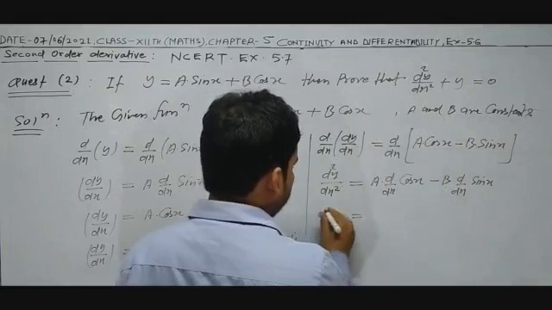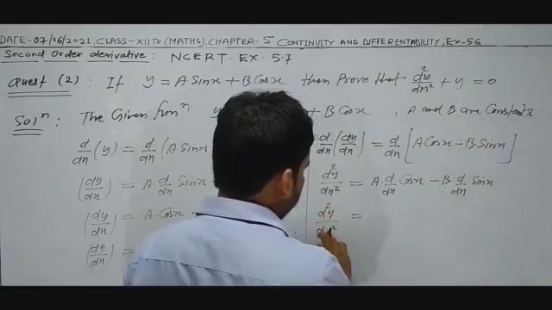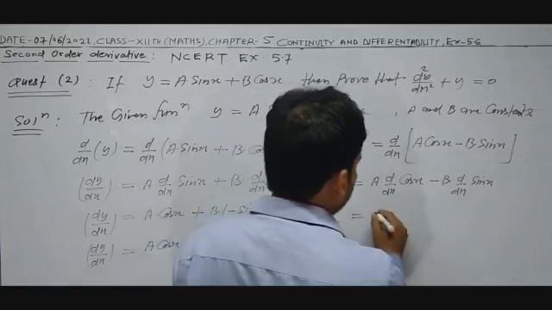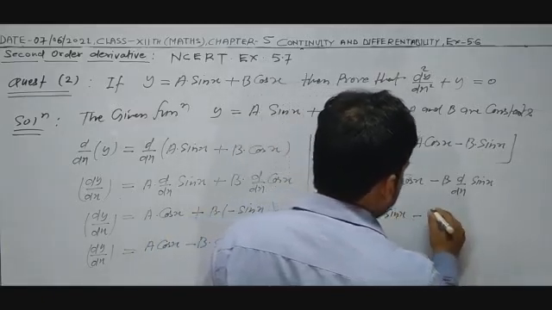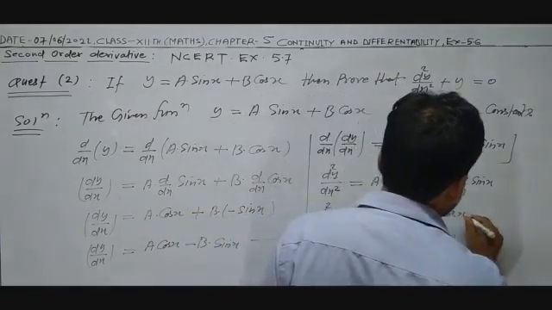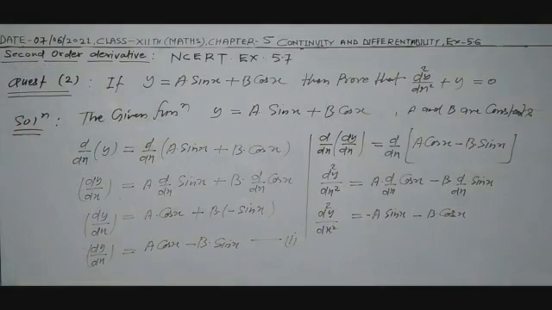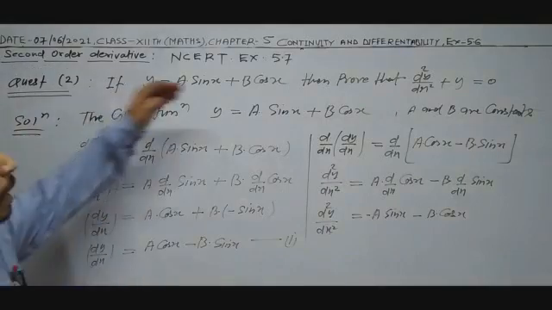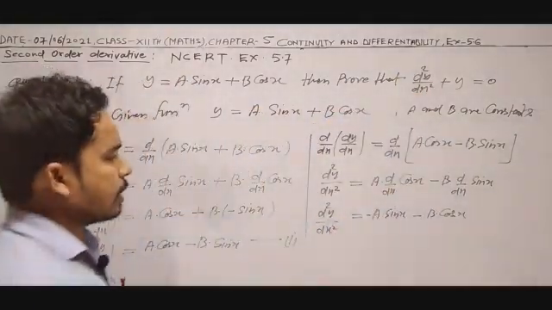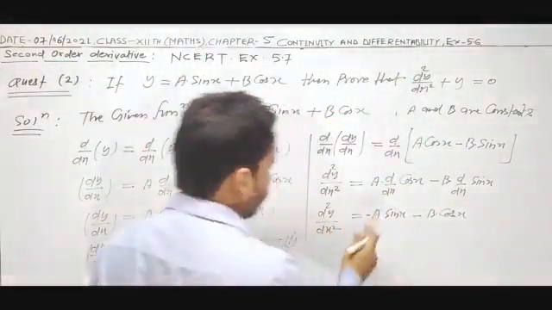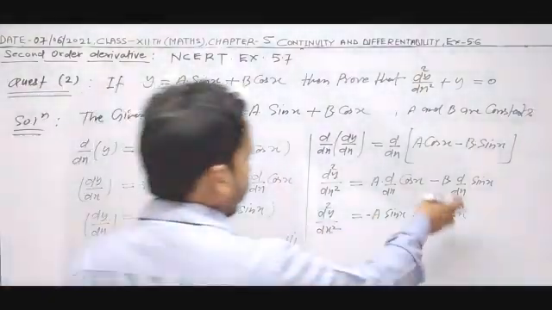So the result you will get is d2y by dx2 is equal to minus a times sin x minus b times cos x. So this is the second order derivative, and in my proof the highest order derivative is 2. So this is the last step to differentiate the function, and we have to solve these steps.